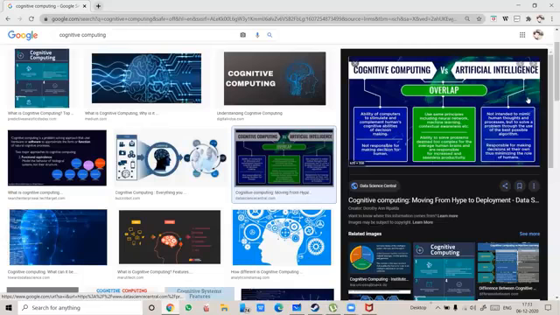Next point: cognitive computing is not responsible for making decisions for humans, whereas artificial intelligence is responsible for making decisions on its own, thus minimizing the role of humans.